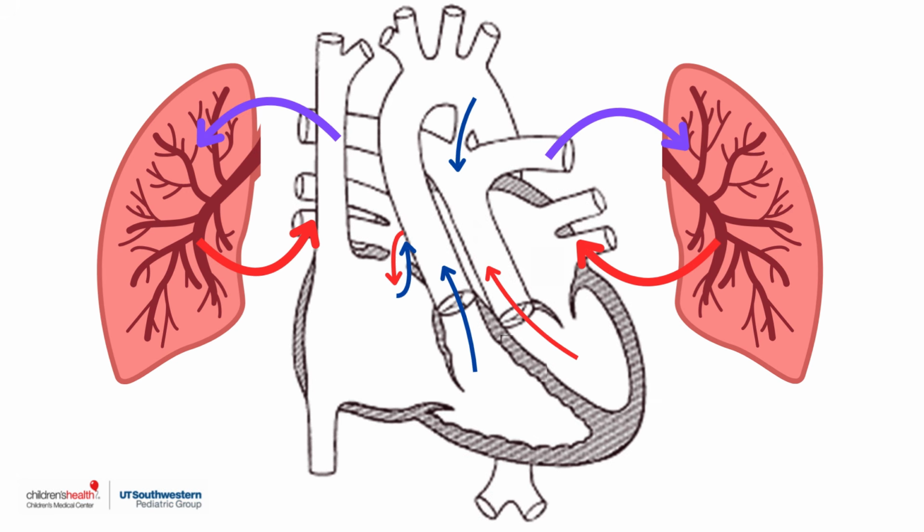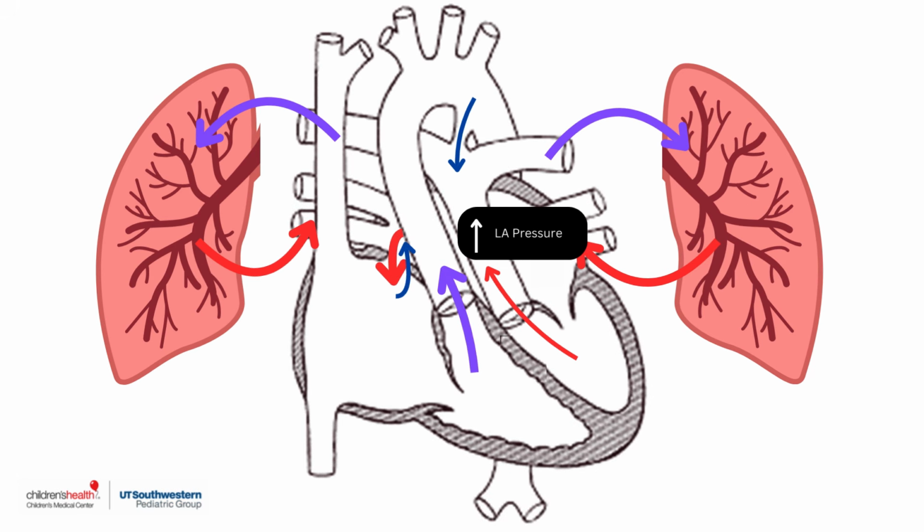And this blood ultimately comes back to the left atrium. With the increased amount of blood volume coming back to the left atrium, the LA pressure is increased, which ultimately increases the shunting from the left atrium to the right atrium across the atrial septal defect, resulting in more oxygenated blood moving to the systemic circulation, ultimately improving our systemic oxygen delivery.